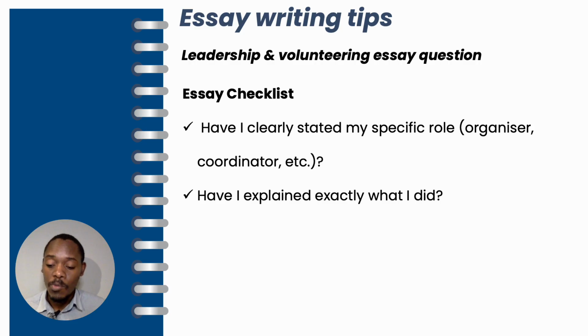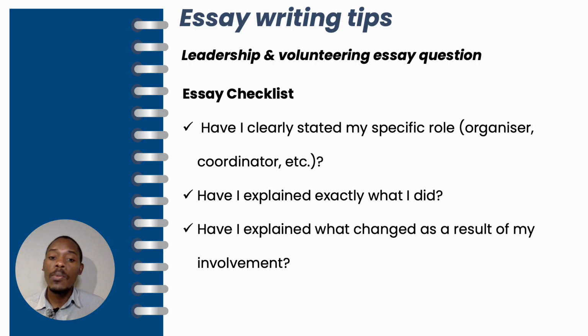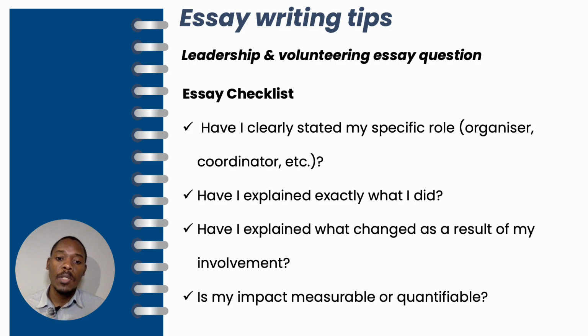That's why they carry 50% of the essay word limit in the advice that I'm giving you. Have you explained what change or results you brought about because of that voluntary activity or that leadership experience that you demonstrated?